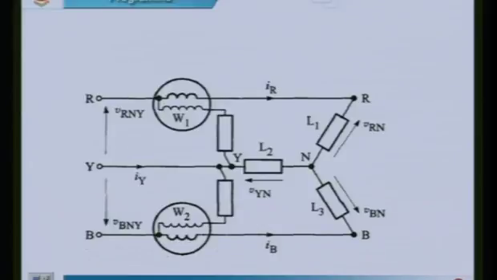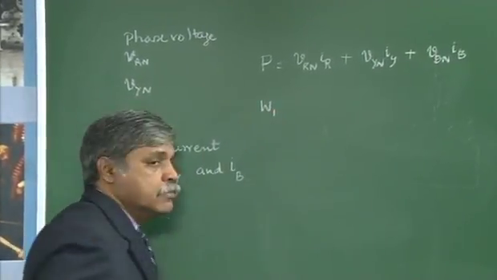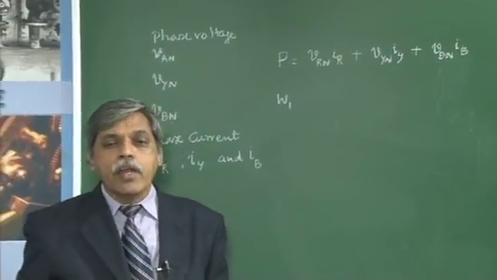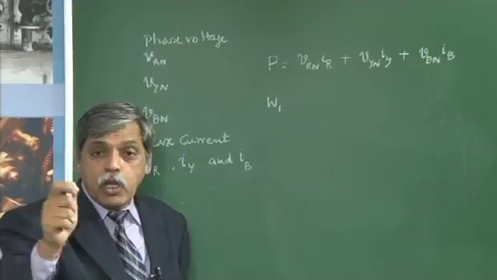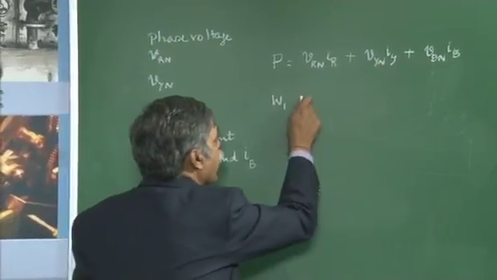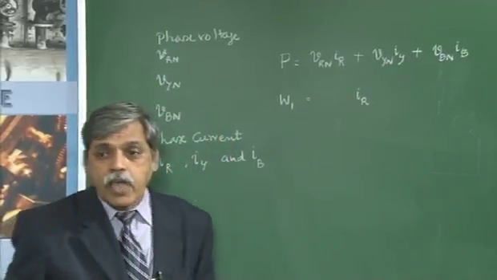Now in this case, if I write down W1, the wattmeter reading, because I have assumed that it measures instantaneous power, the current coil of W1 is carrying the line current IR.